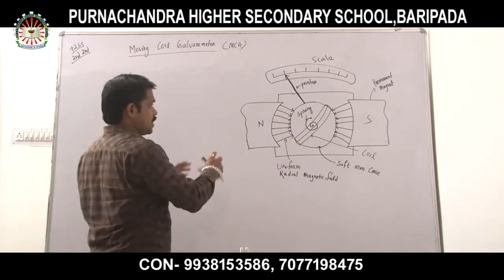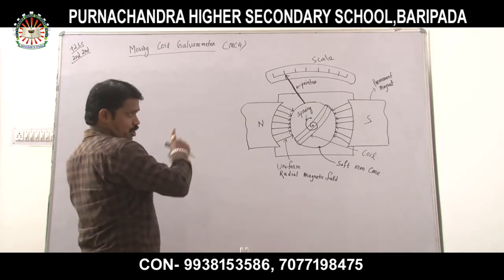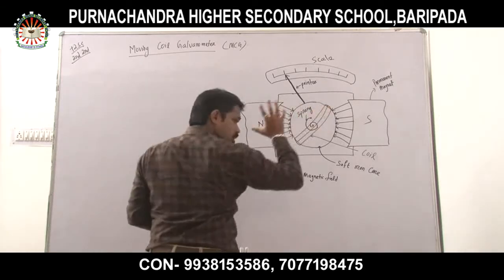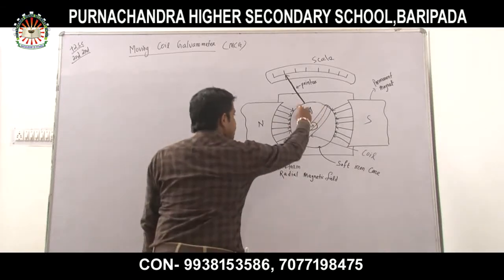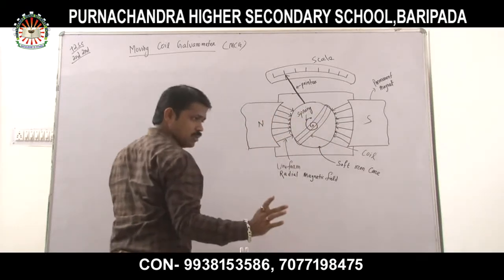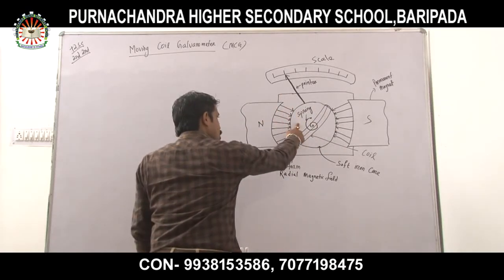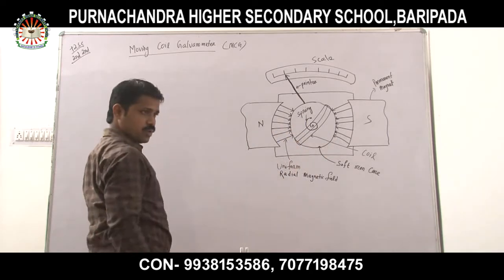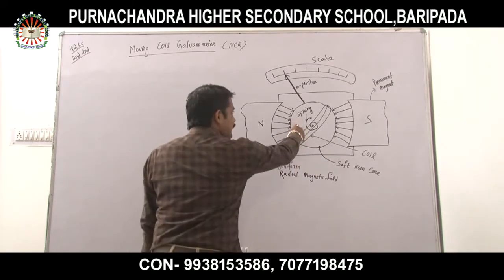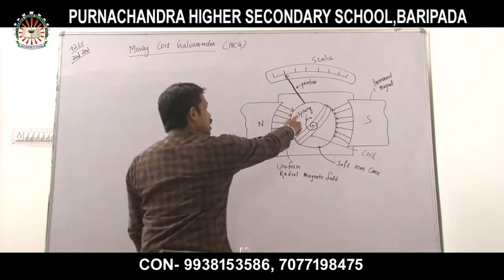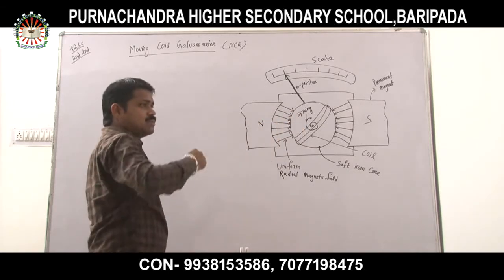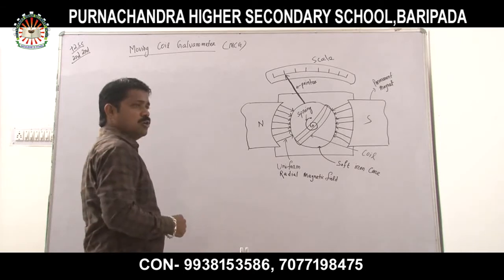Clear all of you? So first of all, from the structural point of view, we observe here that there is a cylindrical core. On the cylindrical core, a coil is wound over it. Number 3, one end of the cylinder is connected to a spring, which helps to pivot.